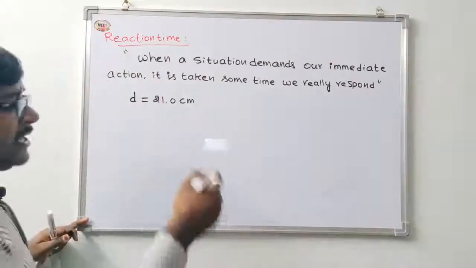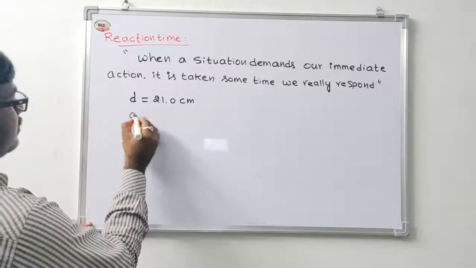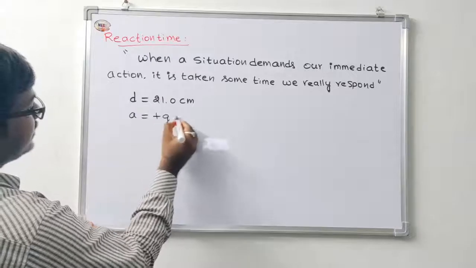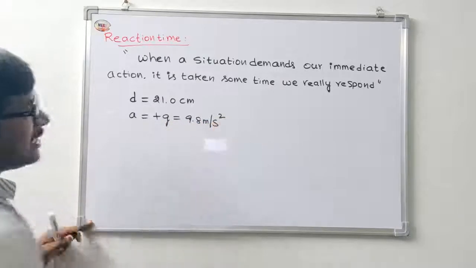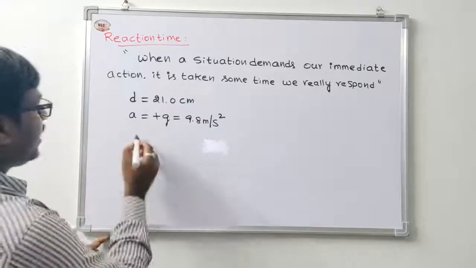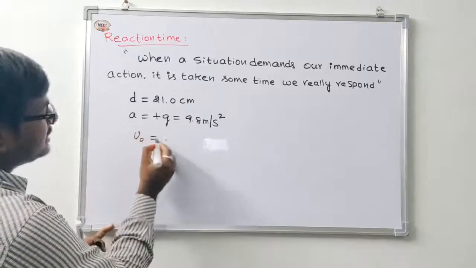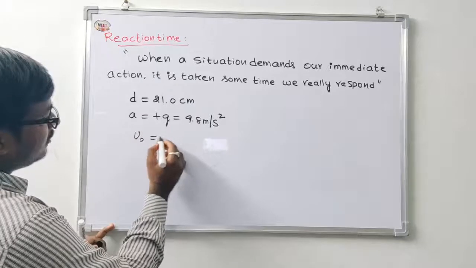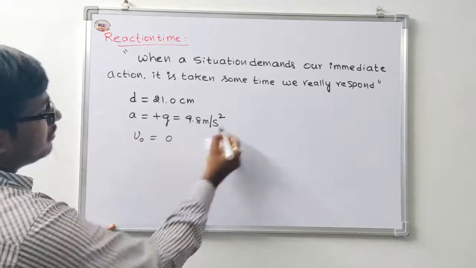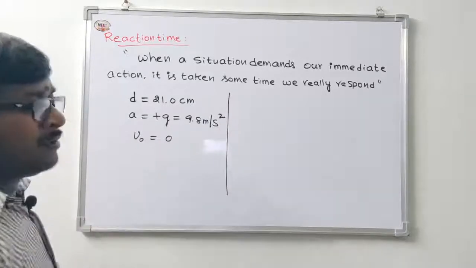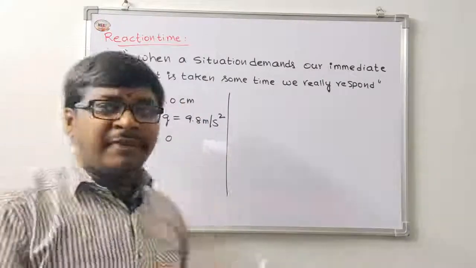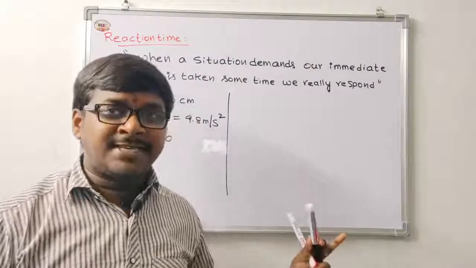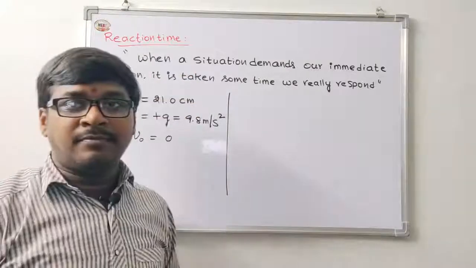So the body is freely falling. So a is equal to plus g, that is 9.8 meter per second square, and the initial velocity u is equal to 0. Then students, there is one formula relating distance and reaction time.